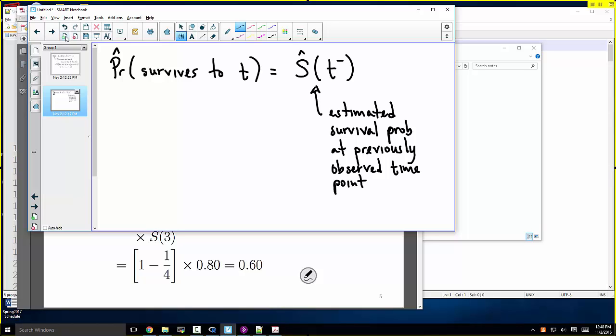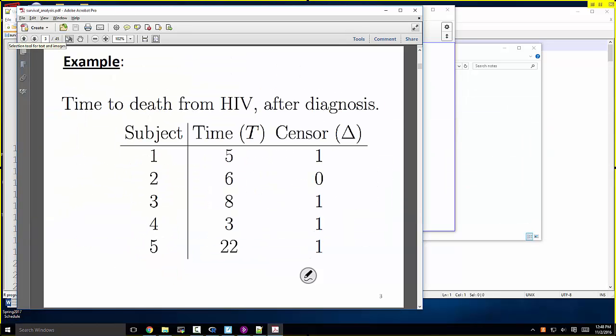So, for example, the earliest time point in our observed data here is time 3. At time 3, subject 4, we observed an actual death at time 3. The probability that I would estimate of surviving up to time t would just be the previous survival probability estimate. So before I observe any deaths or censoring, my estimate of probability of surviving would be 1.